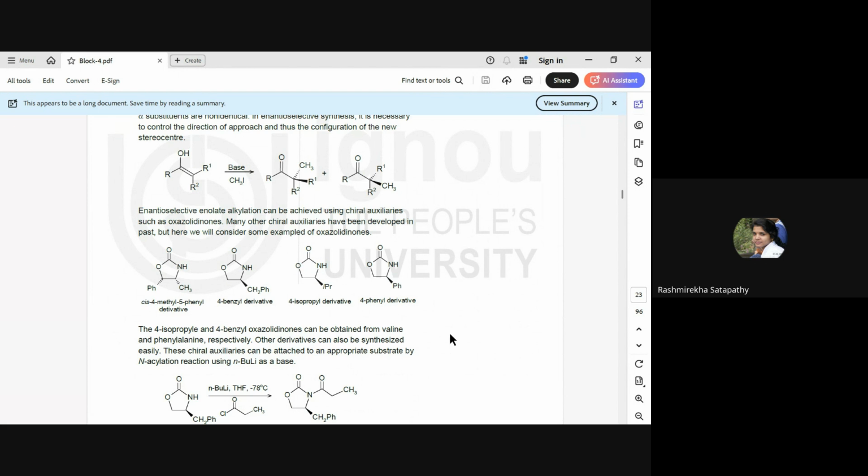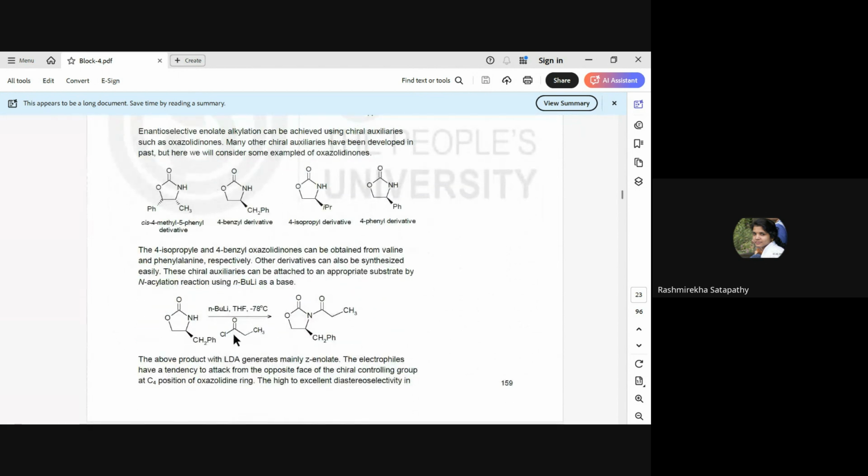Benzyl derivative, 4-benzyl derivative, 4-isopropyl derivative, 4-phenyl derivative, 4-methyl-5-phenyl derivative. In these compounds, the 4-isopropyl and 4-benzyl oxazolidinones can be obtained from valine and phenylalanine respectively. Other derivatives can also be synthesized easily.